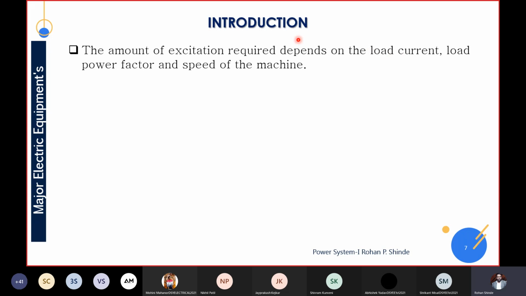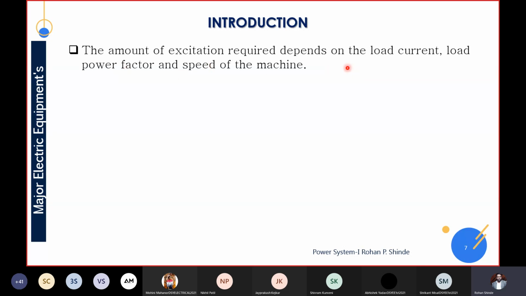Now see here, we know that an excitation system is required for the production of flux. This excitation depends upon the load current, the load power factor, and the speed of the machine. Every excitation of an alternator depends upon these three things: first is load current, second is load power factor, and third is speed of machine.